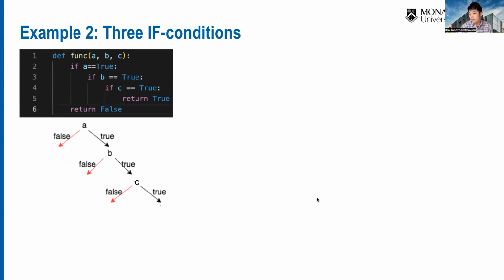Let's say this is a more complex example. Let's work on it together. Because in this case, how many if statements do we have? Okay, 3. We have 3 if statements. Each of the if statements has 2 outcomes, true or false.